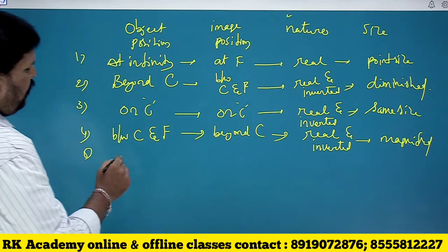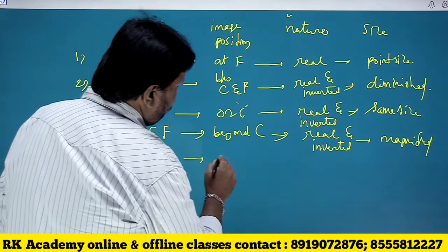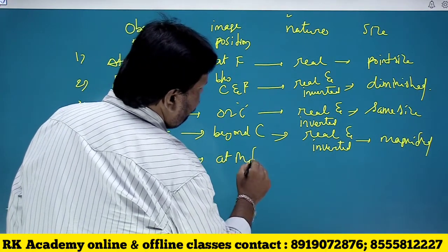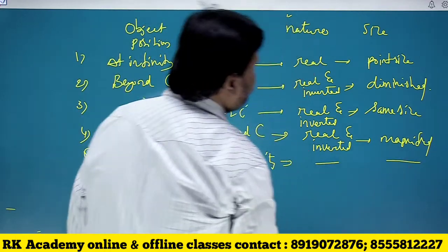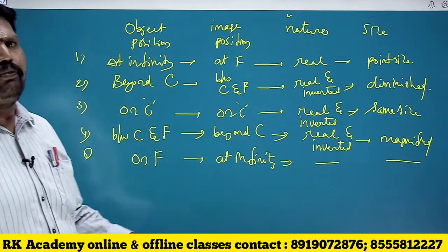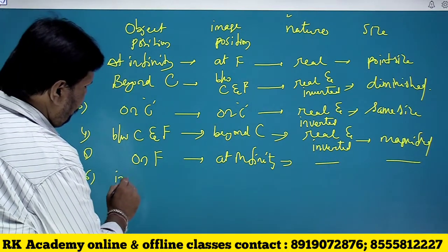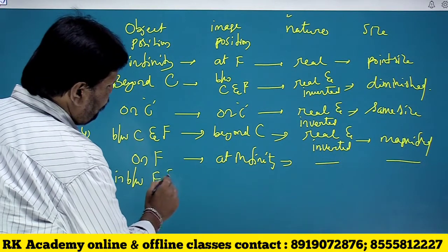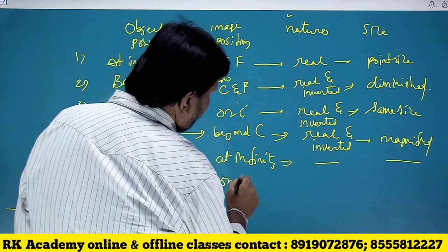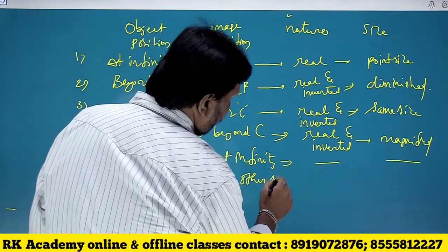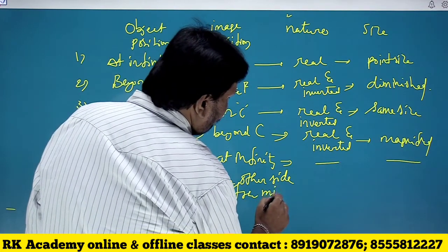And the next one is that if the object is on focus, the image will be at infinity. At infinity, we won't try to discuss nature and size because it forms at infinity. And if it is in between focus and pole, it forms on the other side of the mirror.